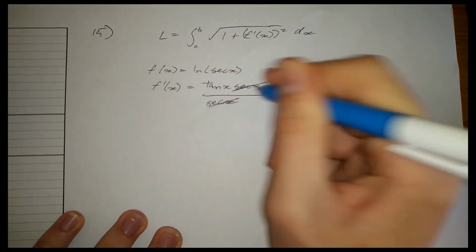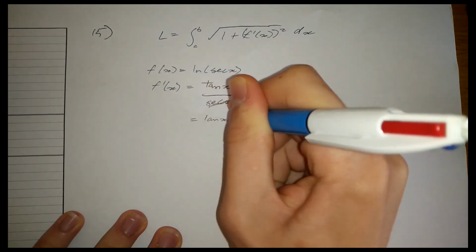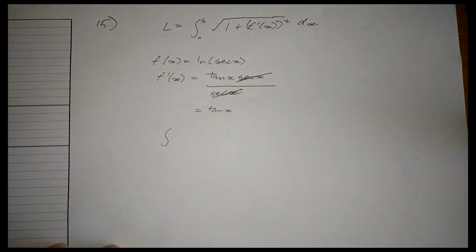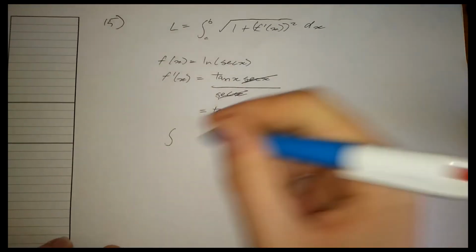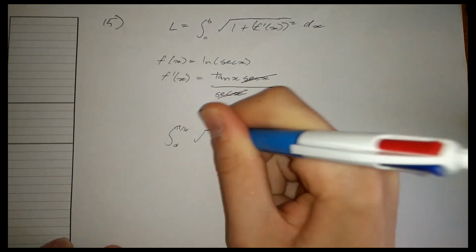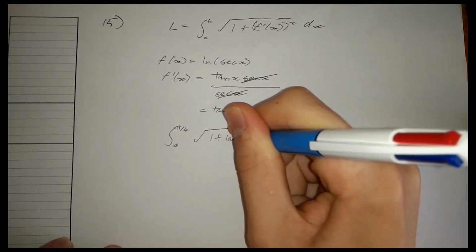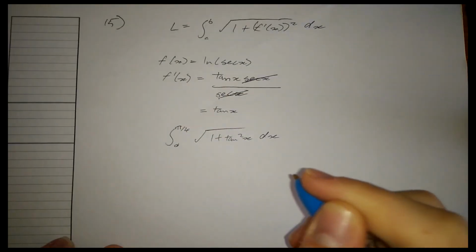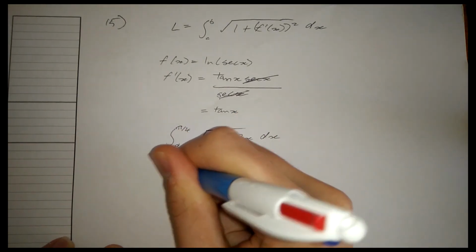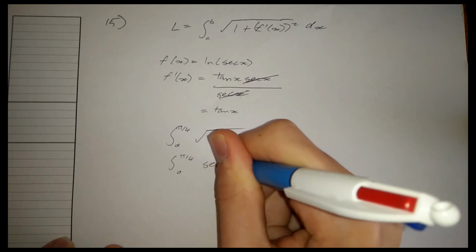So the sec x would cancel out, so that just equals tan x. And lucky for us, we want to do the integral of that from 0 to pi on 4. Find the length of the curve from 0 to pi on 4 of the square root of 1 plus tan squared x dx. Well, 1 plus tan squared x is just sec squared x.